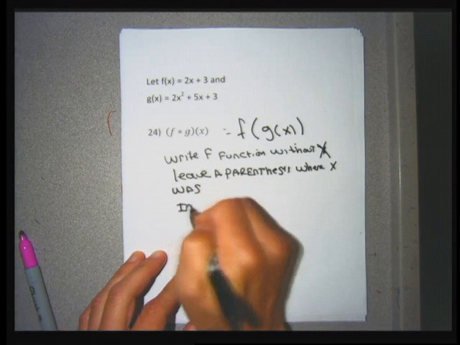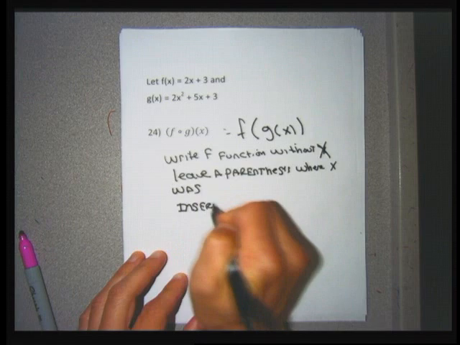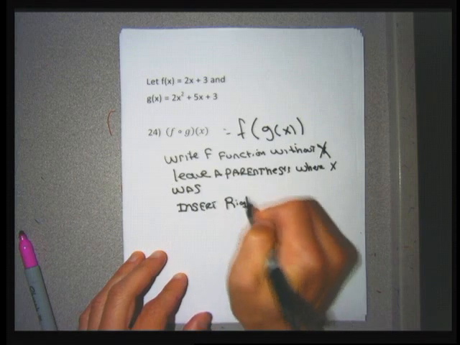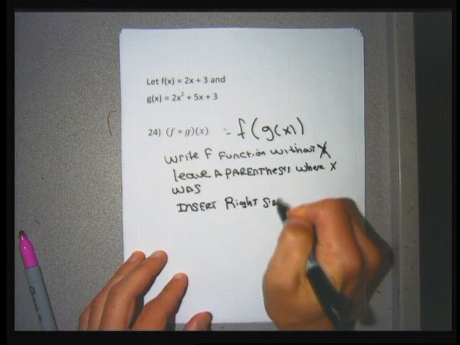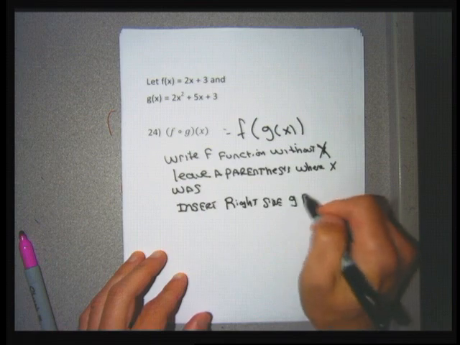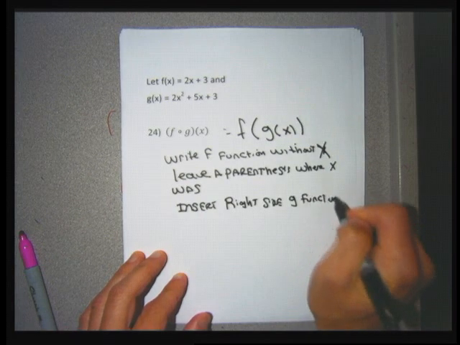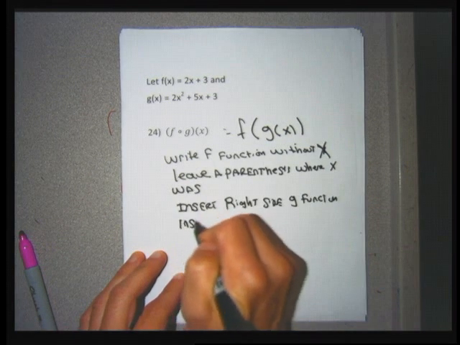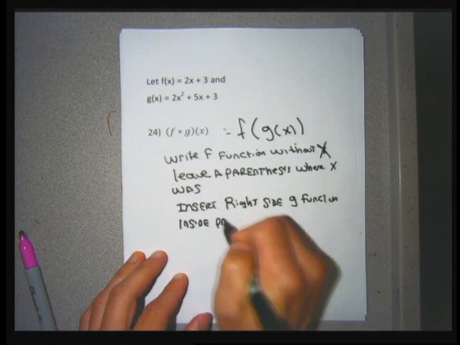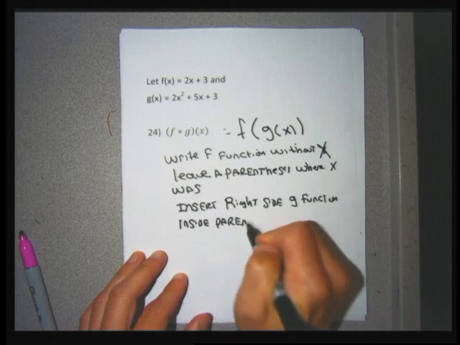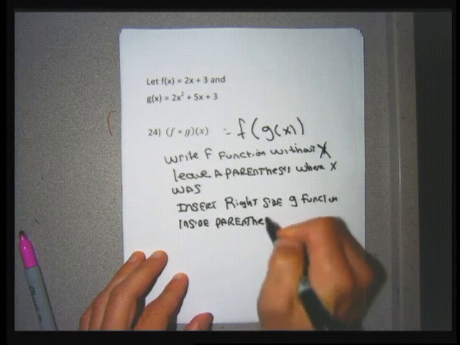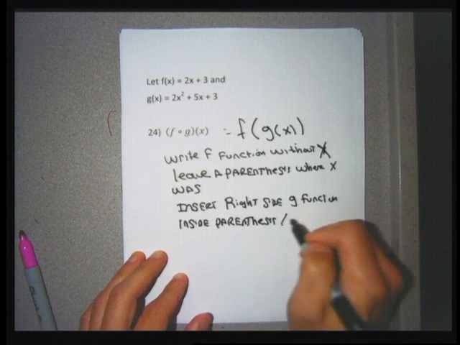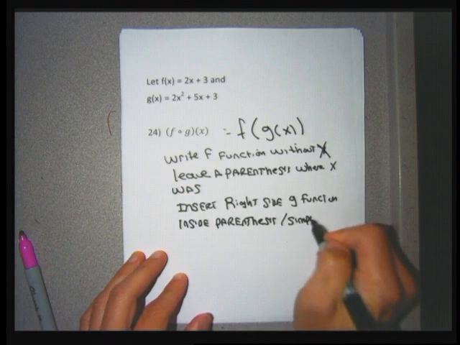I'm going to insert the right side of the g function inside the parentheses and simplify. So composition is strange. Hopefully you haven't completely forgot it.